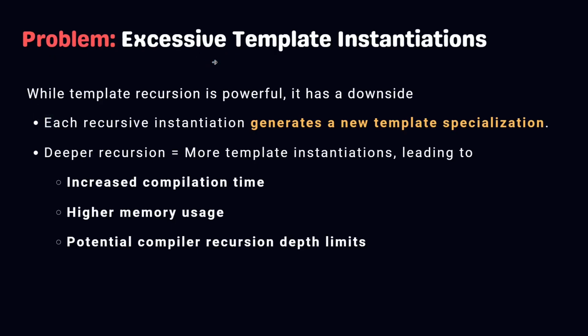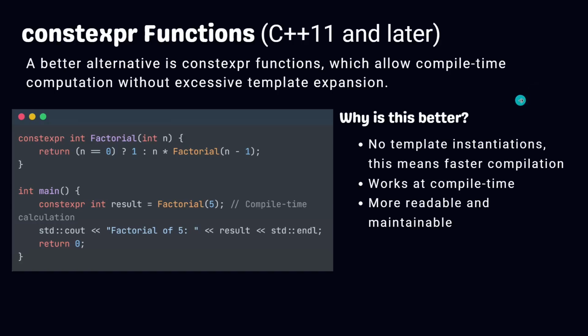When we use recursive template instantiation, we have a limitation because it creates too many instances to compile all the expressions from top to bottom. But when we use constexpr, here I have the same code, a constexpr factorial function, this is the base condition, and n into factorial n minus 1.